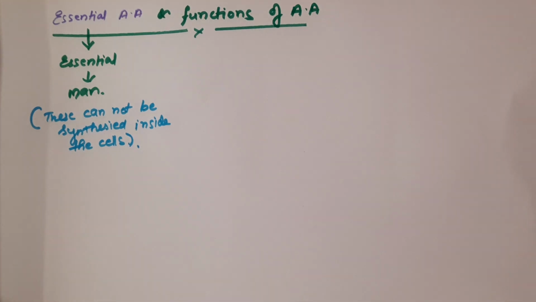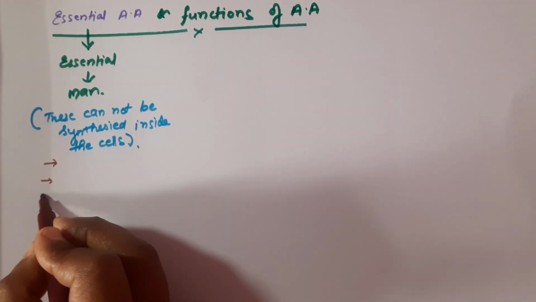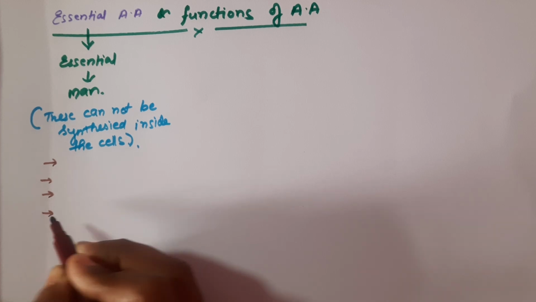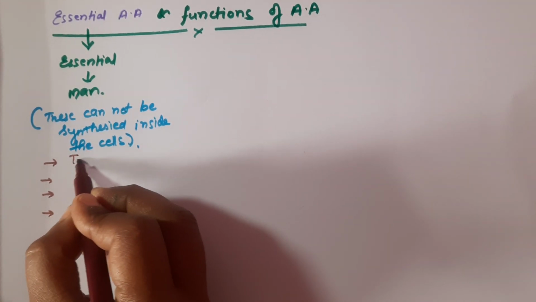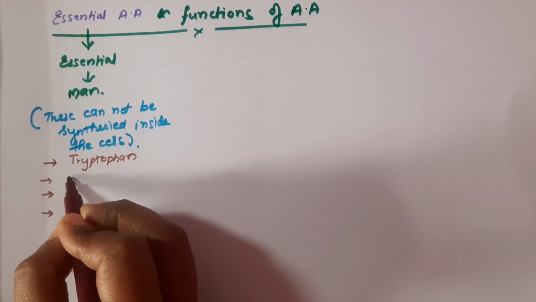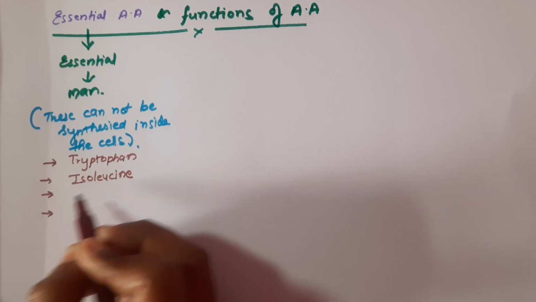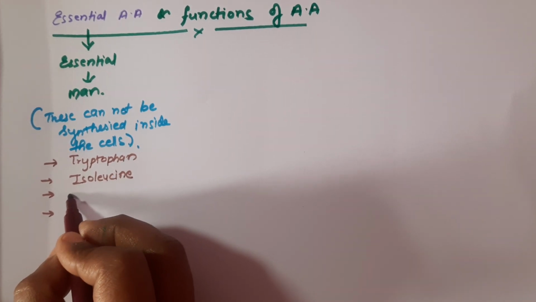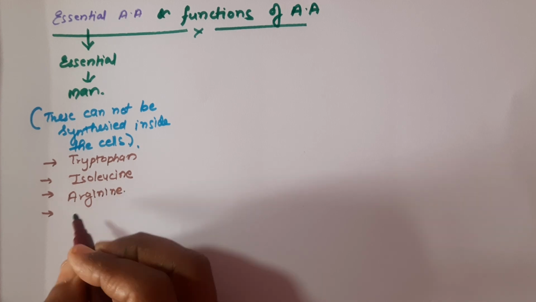Okay, so I will write the examples for you. We have 8 amino acids that are essential. Okay, the first one is tryptophan, isoleucine, then we have arginine, then we have histidine.